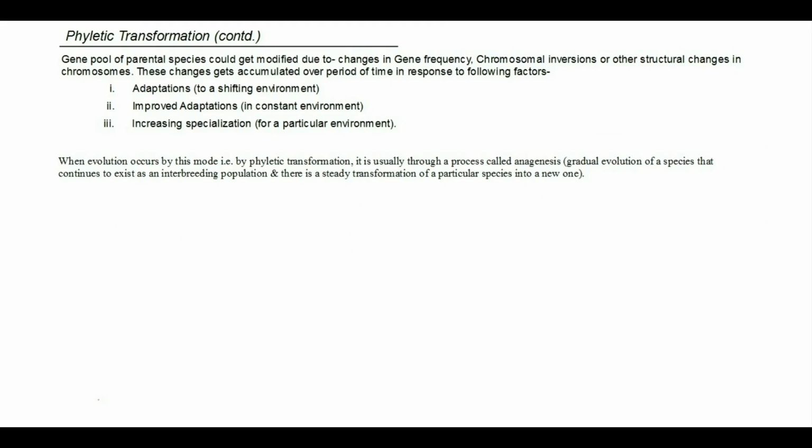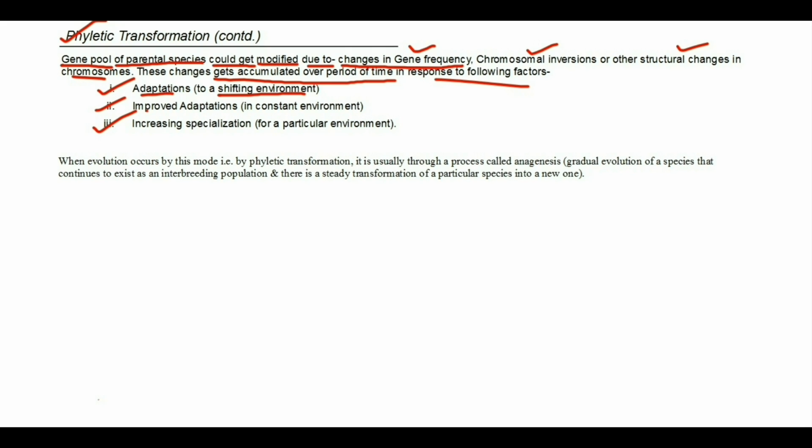Further, in phyletic transformation, the gene pool of the parental species could get modified due to many changes, like changes in gene frequency, chromosomal inversions, or other structural changes in the chromosomes, and these accumulate gradually over time and can be in response to adaptations to a shifting environment, an inconstant environment, or a particular environment.